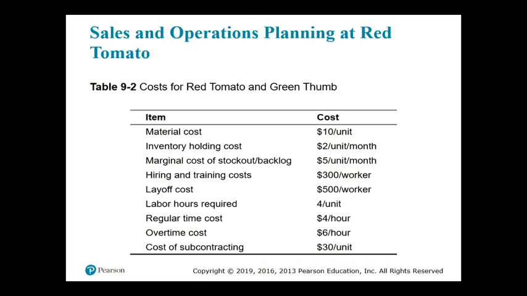Red Tomato is not directly facing customers, right? It's a manufacturer, and it has to work with a retailer to distribute its product to end customers. So it decides to work with a retailer called Green Thumb to distribute the product.